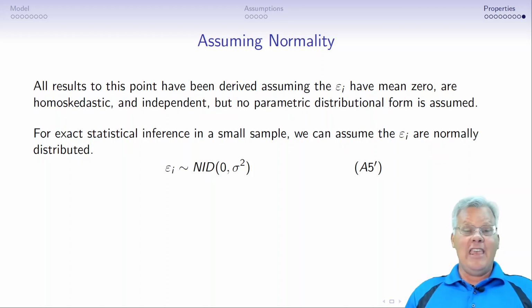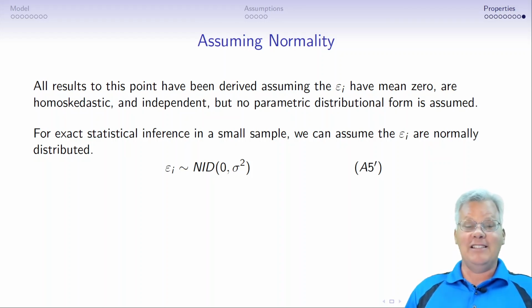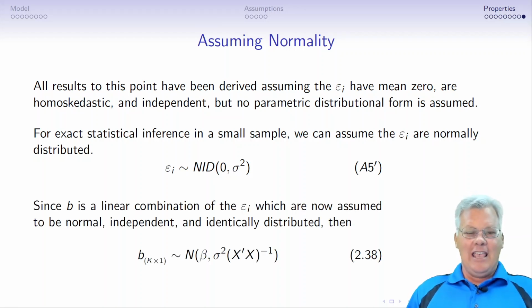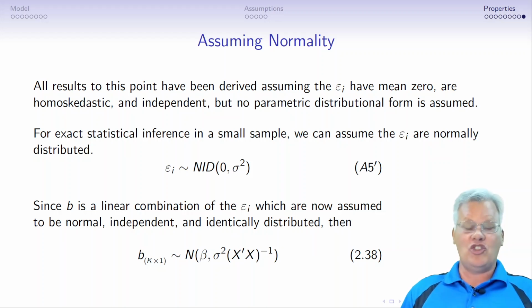So if each individual epsilon is assumed to be normally and independently distributed with mean zero and variance sigma squared, what that means is all the covariances are zero, the mean of each epsilon is zero, and they're homoscedastic. If that is true, the B's are a linear combination of the epsilons, which are now assumed to be normal, independent, and identically distributed.